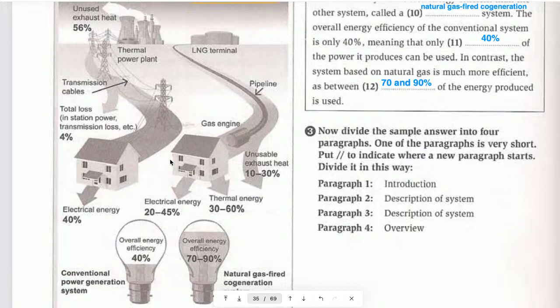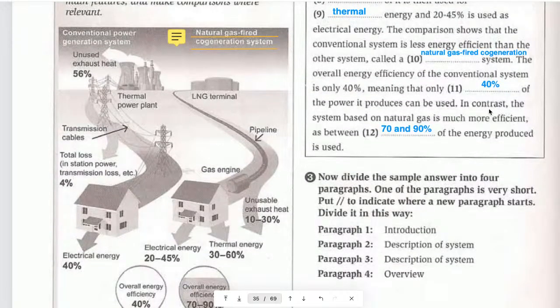How about the other system? In contrast, Ngọc Anh, please read that. In contrast, the system based on natural gas is much more efficient, as between 70 and 90% of the energy produced is used.